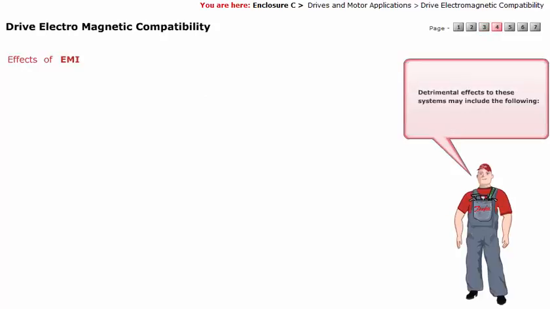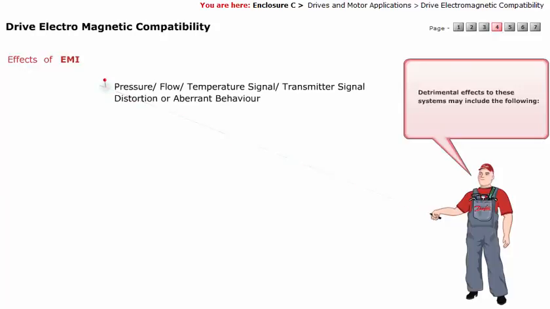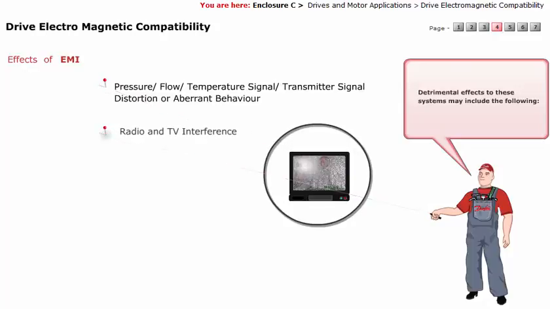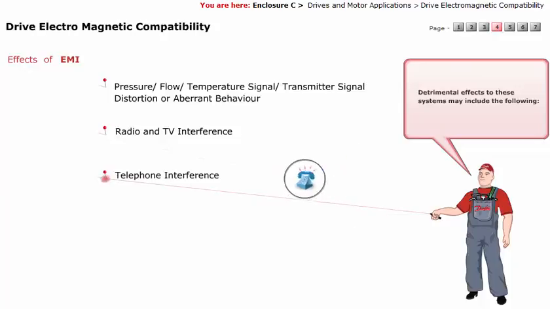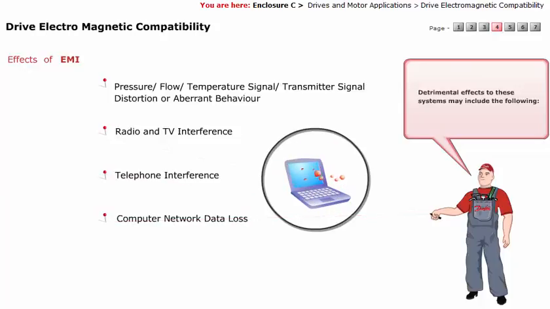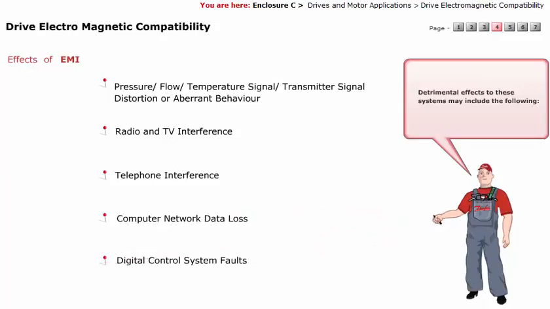Detrimental effects to other systems may include the following: pressure, flow, temperature signal, transmitter signal distortion or aberrant behavior, radio and TV interference, telephone interference, computer network data loss, digital control system faults.